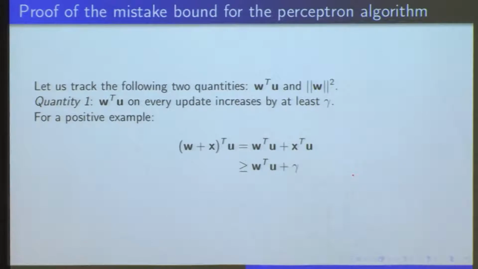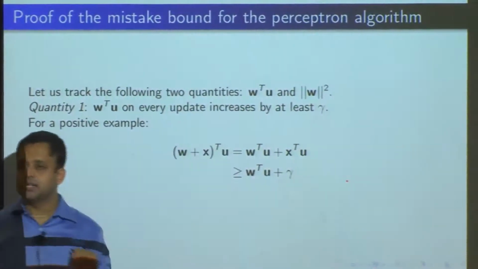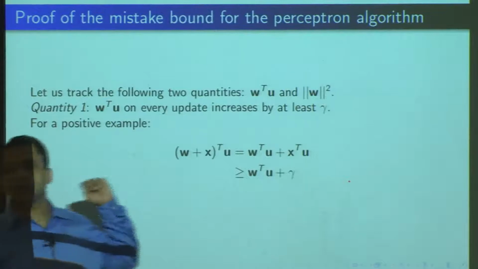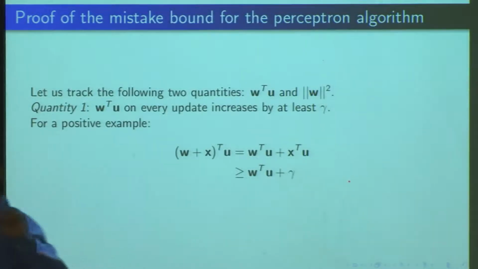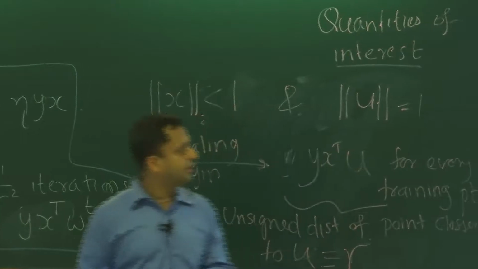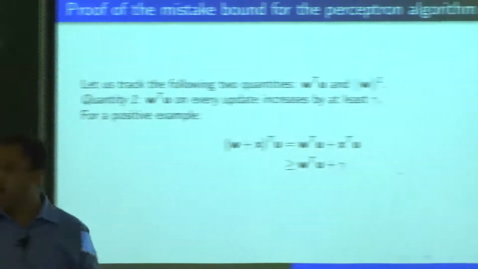To do this, as I have already hinted, we are going to track two quantities. We are going to track w transpose u. We are going to look at a dot product, but instead of a dot product with respect to x, we are looking at a dot product of w, which is being updated at every step, with the targeted u. Why this dot product will become clear in a few slides. The other one we are looking at is norm w square.